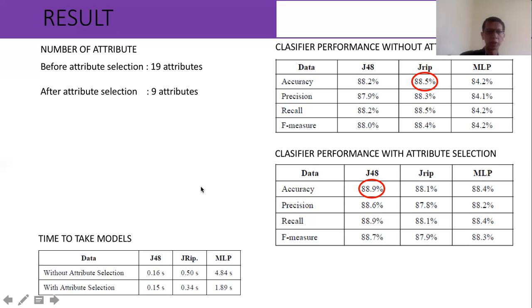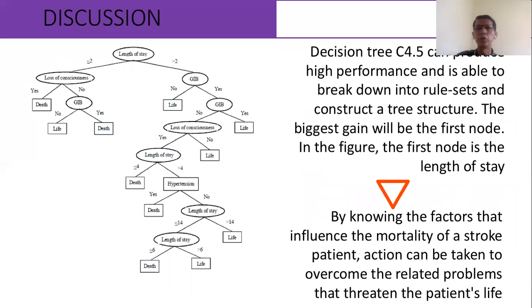After the attribute selection was applied, the time needed to make the model was shortened. The time taken for C4.5 became 1.1 times, GRIP 1.5 times, and MLP 2.6 times faster. A decision tree can produce high performance and is able to break down into a rule set and construct a tree structure. The biggest gain will be in the first node. In the figure, the first node is the length of stay.